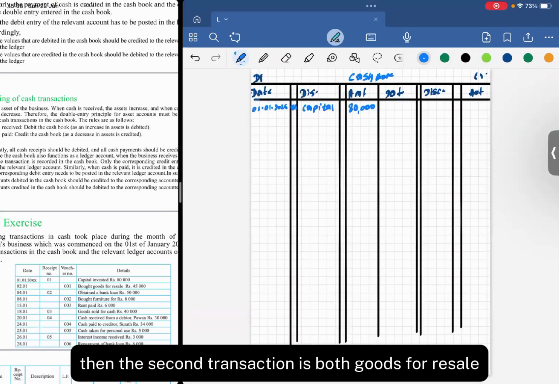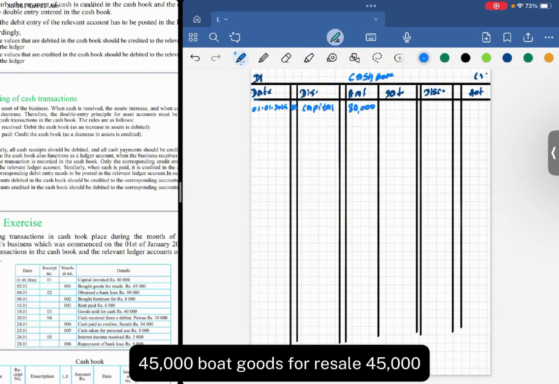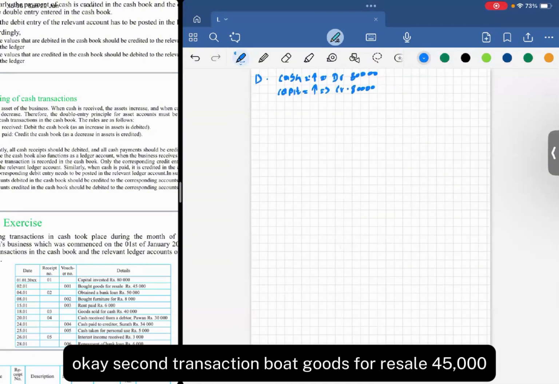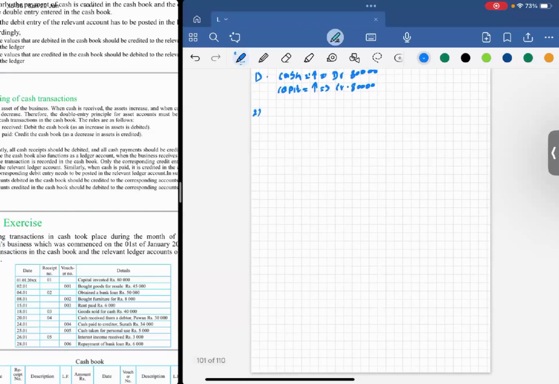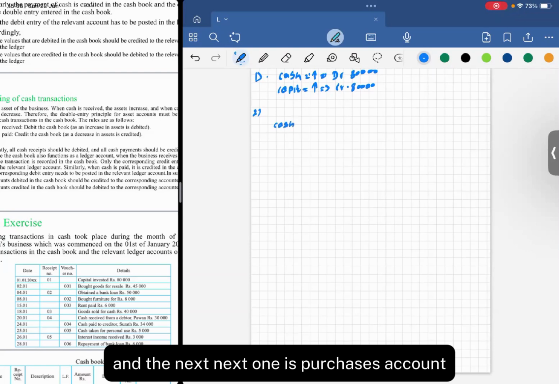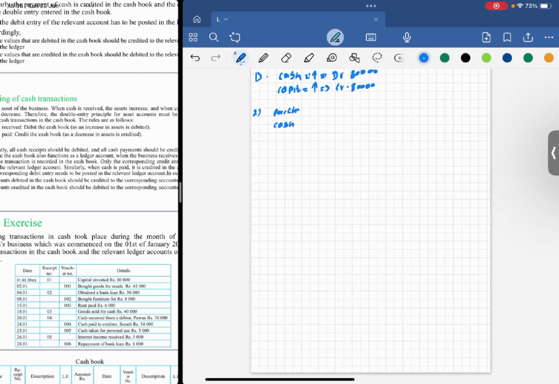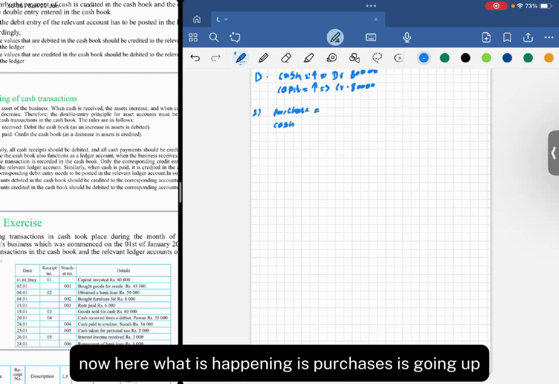Then the second transaction is bought goods for resale 45,000. Now here we have two accounts. One is the cash account and the next one is the purchases account. Purchases is going up.